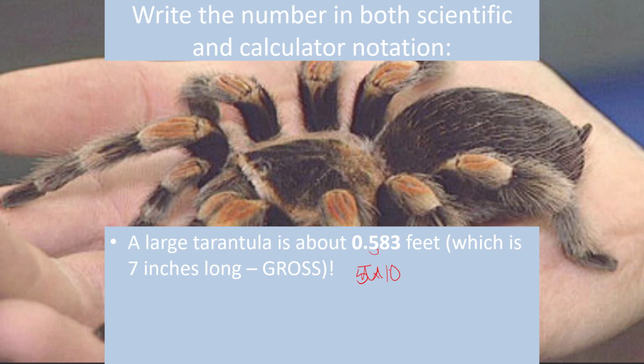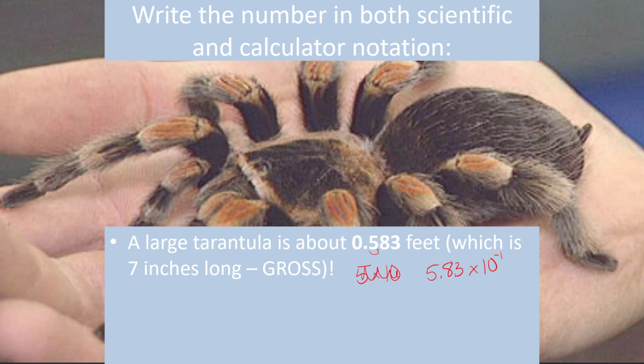Oh, sorry. Why did I leave off the rest of the number? 5.83 times 10. All right, we move to the right from standard, which means we actually have a negative power. Because if I multiplied 5.83 times 10, that's going to move the decimal one more to the right.